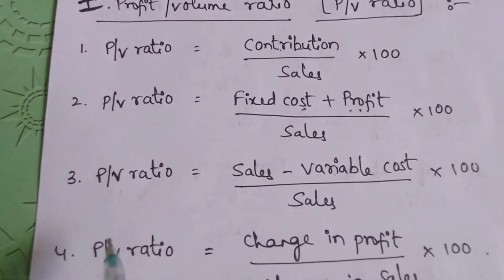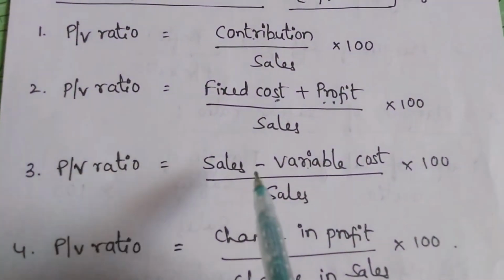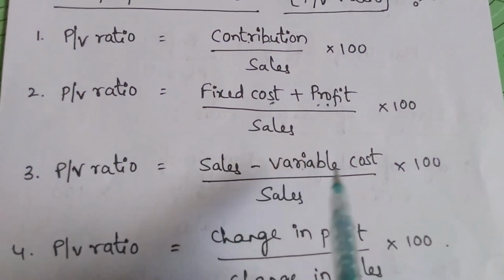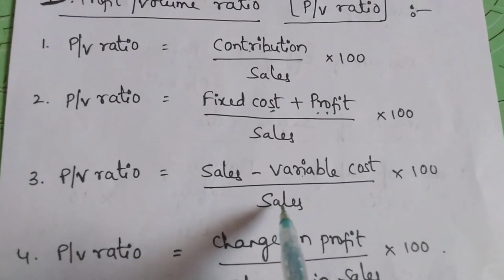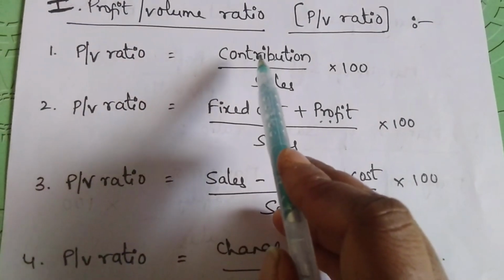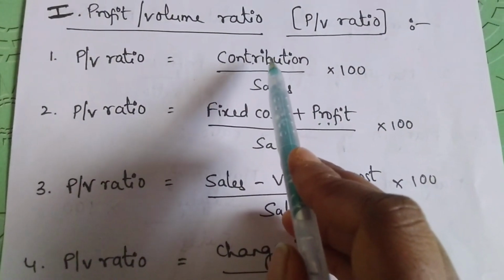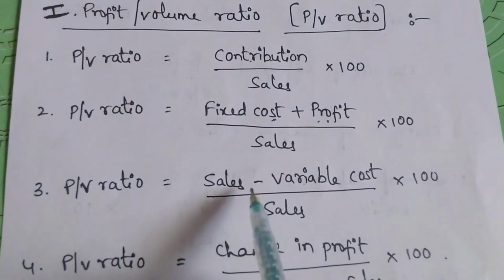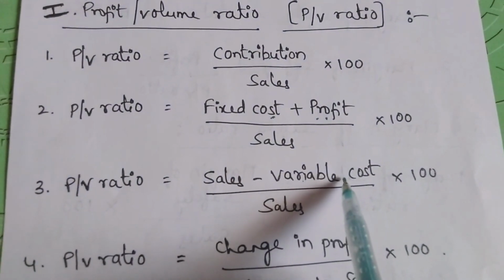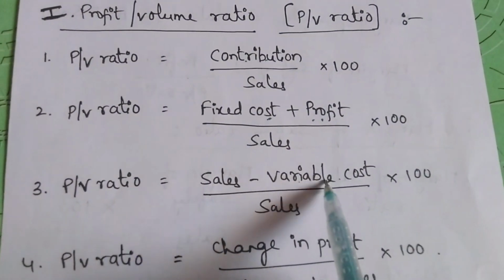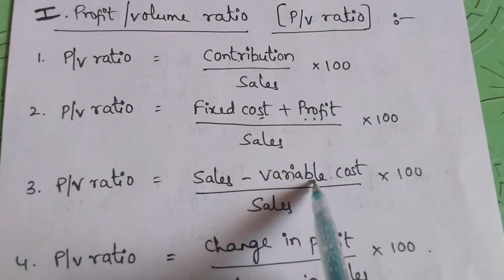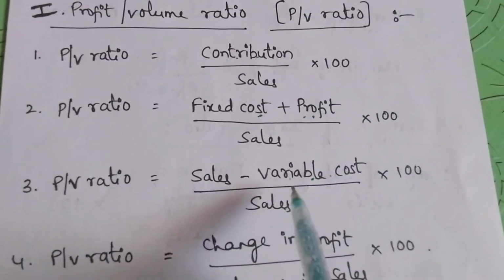And next one is third formula, PV ratio is equal to sales minus variable cost divided by sales. So in the first formula we have contribution in the numerator place, and just now I said that contribution we can get by way of sales minus variable cost. So in the place of contribution we actually wrote sales minus variable cost and divided by sales.